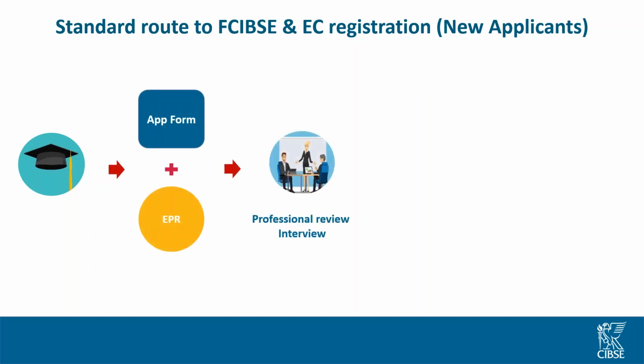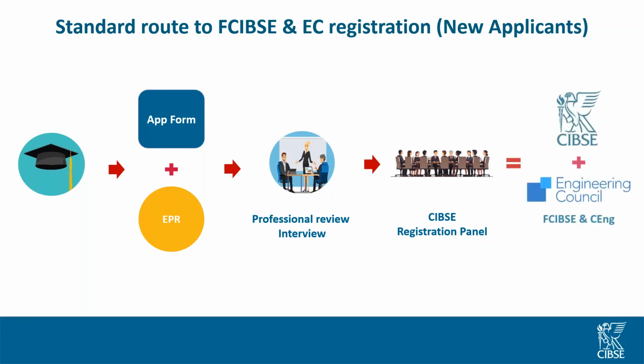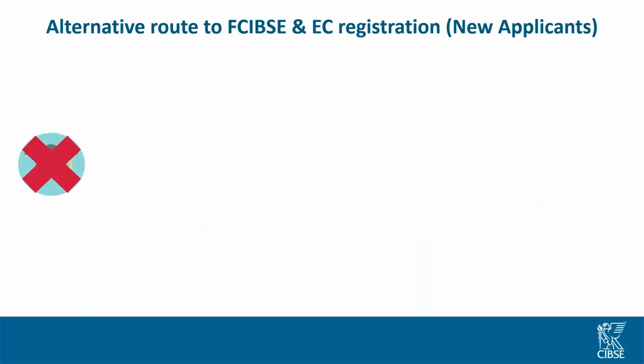You would attend a professional review interview. The results of your interview would go to CIBSE's registration panel. And then if successful, you would gain both your FCIBSE and your CEng, so both your membership and your Engineering Council registration. To clarify, it's a one-step process to gain both FCIBSE and CEng.